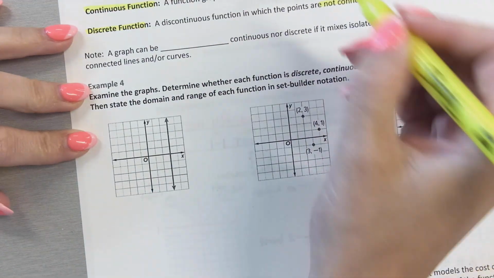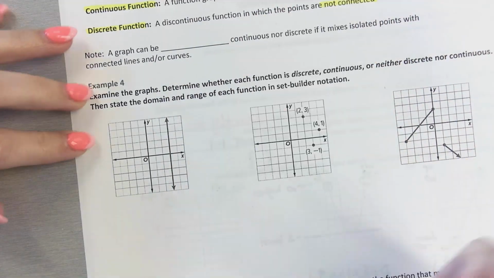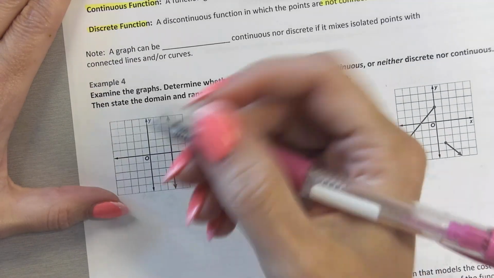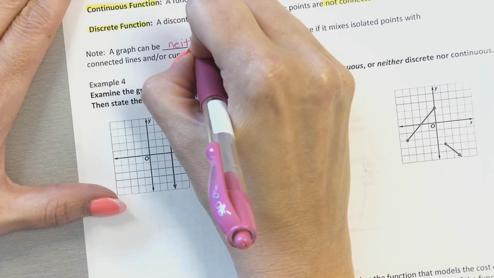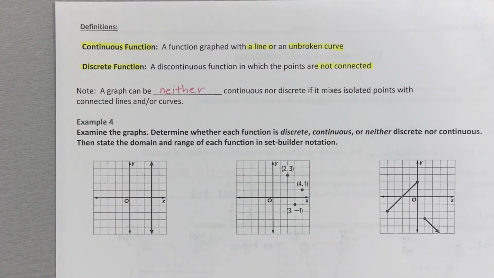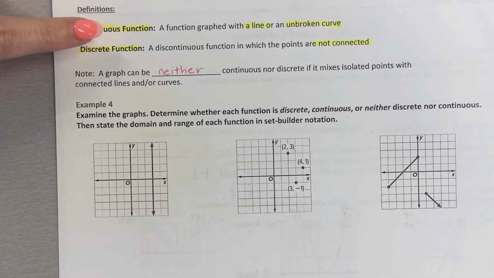If it's continuous, it has to have some type of unbroken curve or a line. Now they can be neither, and those consist of a mixture. So there are some isolated points and some connected lines. So based on those definitions, I want you to label which one of these is continuous, which one is discrete, and which one is neither.